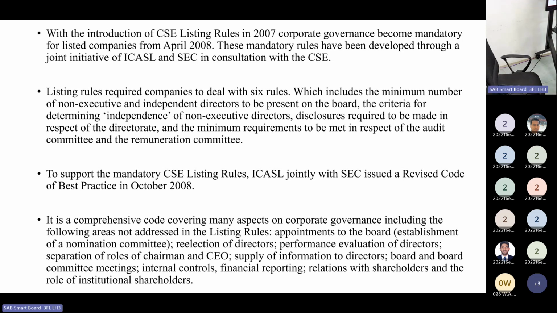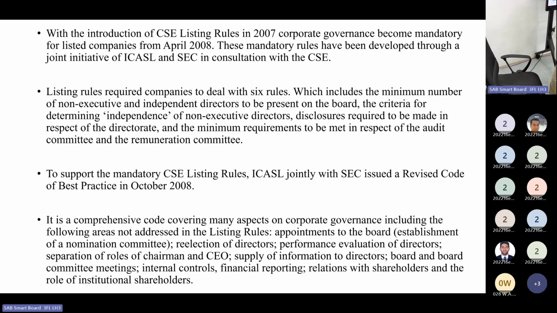To support the mandatory CSE listing rules, the Chartered Institute, jointly with the SEC, revised everything and came up with a new code in 2008. At that time it was confusing, as the listing rules were compulsory. So to make things simpler, they revised the code and came up with the Revised Code of Best Practice in 2008.